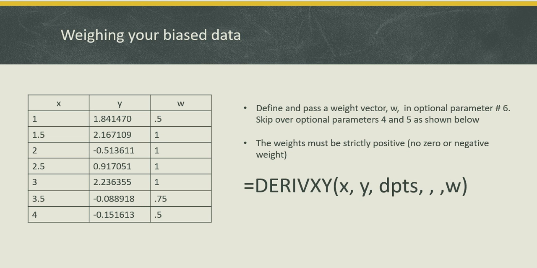The weights have to be strictly positive. 1 is the most significant, and any values less than 1 represent the relative importance of a particular point relative to the other points. Once I have that vector, I can supply it in argument number 6, and the algorithm will factor this information in when doing the spline fitting.